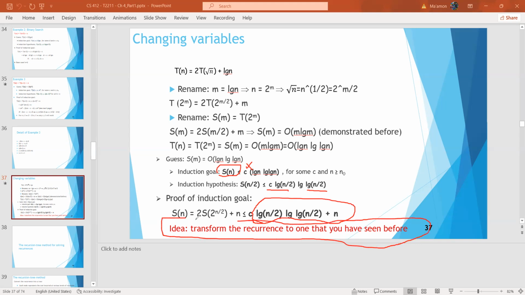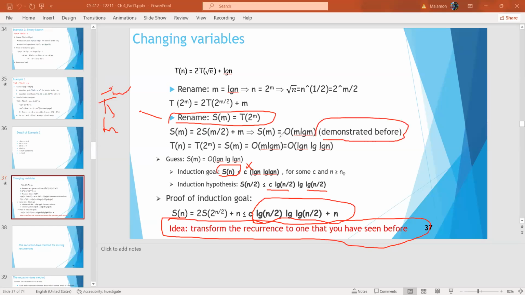Now the idea here is that we have two things to think about. First of all, renaming the variable to simplify the formula or equation, and also the other thing that we have used, that this one was demonstrated before.